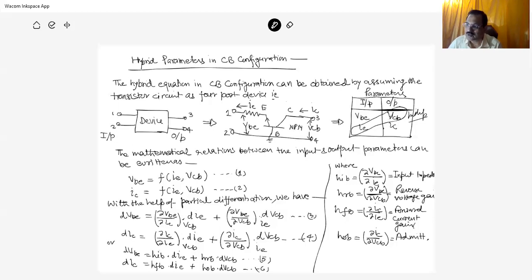This is sometimes also known as alpha. HOB is the output admittance, delta IC over delta VCB.